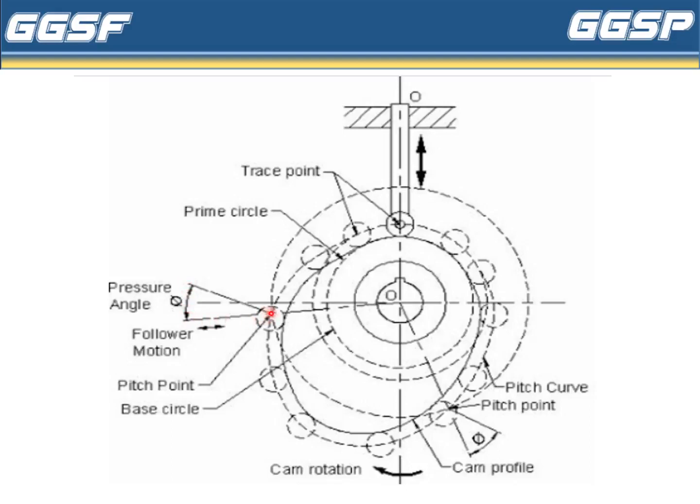So this is the point where pressure angle is maximum. This is the point on the pitch curve where the pressure angle is maximum, and that point is called pitch point. उसको क्या बोलते हैं? Pitch point. And the pitch curve क्या होता है? This is the pitch curve. So pitch curve is generated by a trace point as the follower moves relative to the cam.